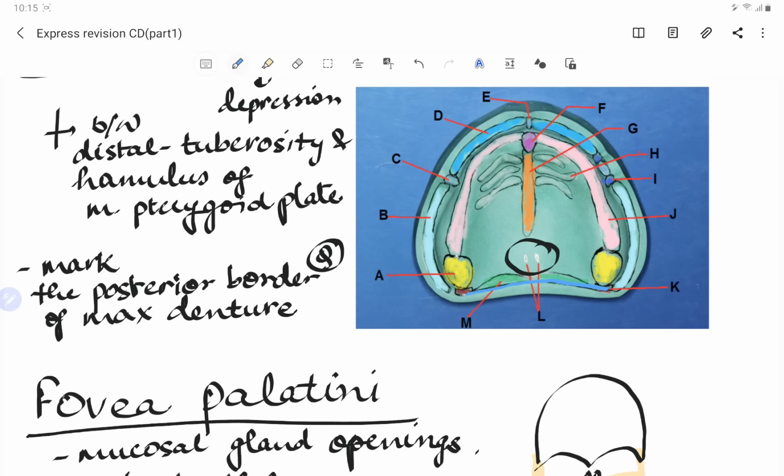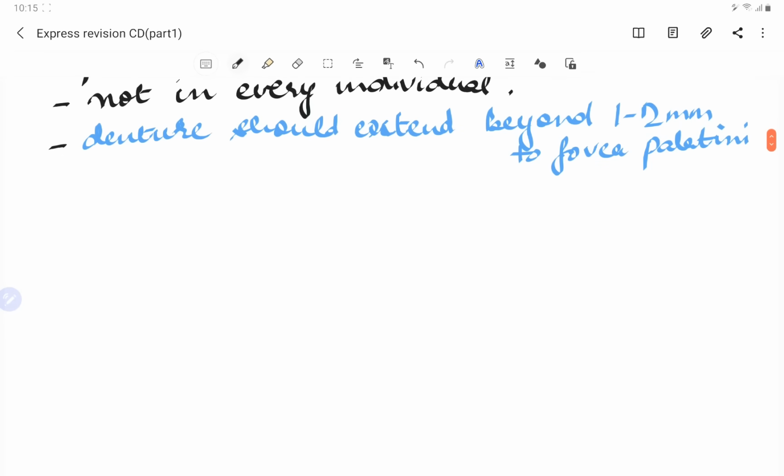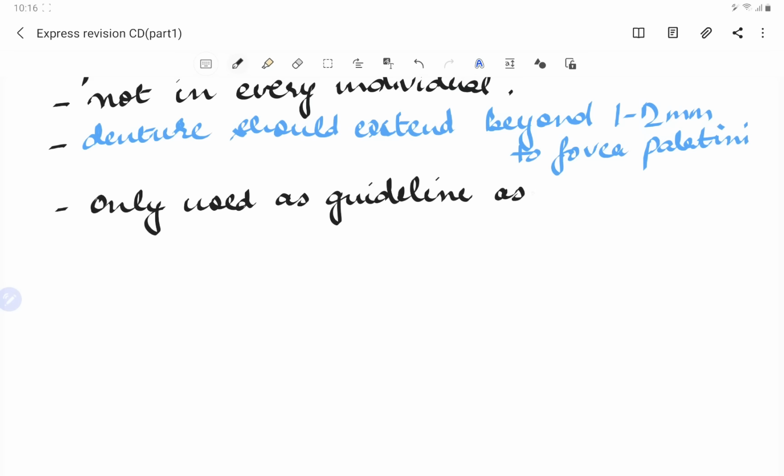This is the posterior palatal seal area. They are only used as a guideline for PPS placement.